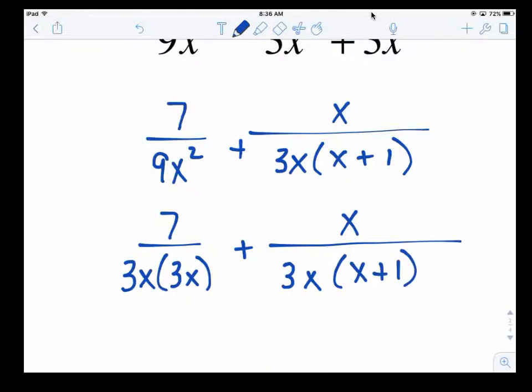Okay, so they both have a common factor of 3x, right? But what factor is this one missing? x plus 1. And then what factor is this one missing? 3x, right? So you're going to take the first term and multiply it by x plus 1, and then you're going to take the second term and multiply it by 3x.